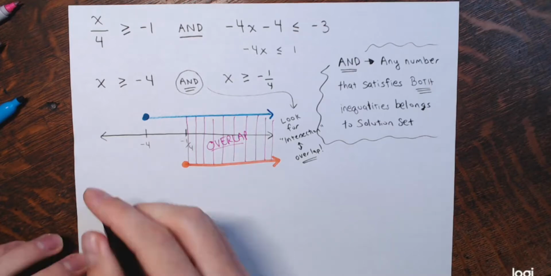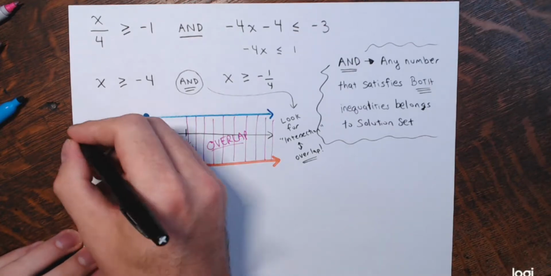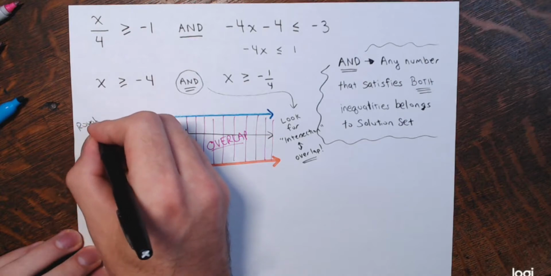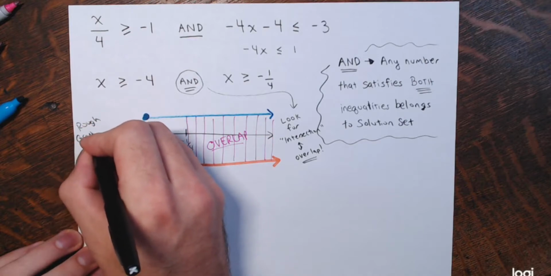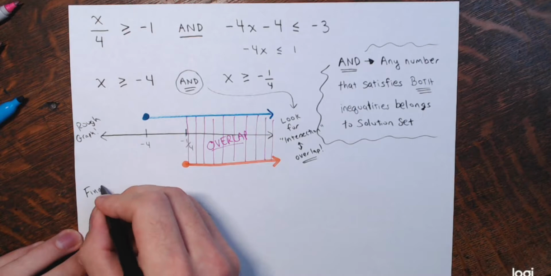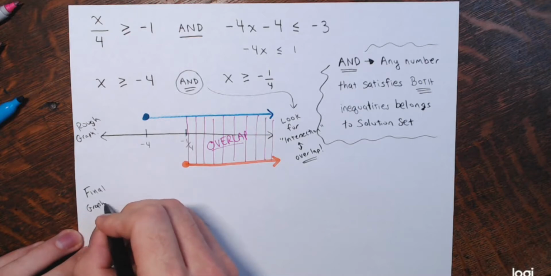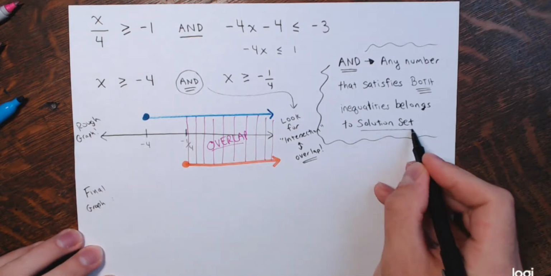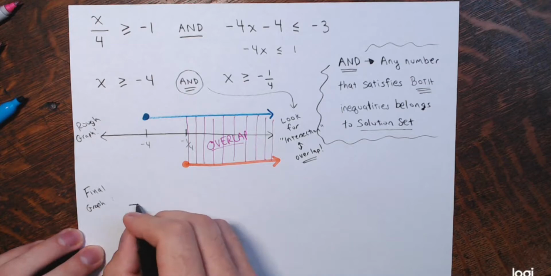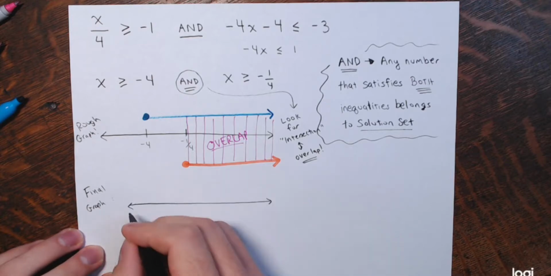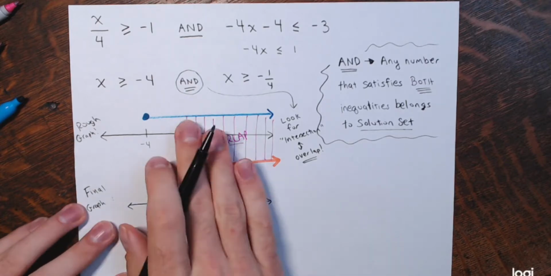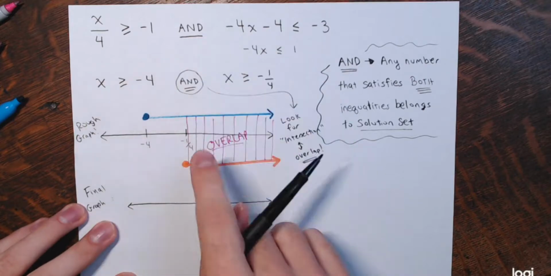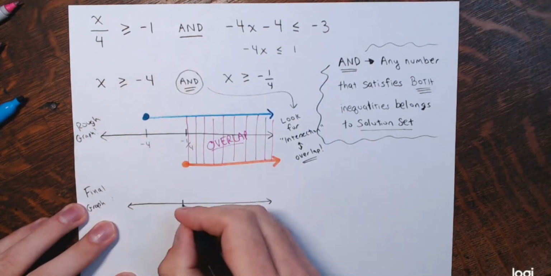All right, so I'll make, I guess I could call this a rough graph where I looked for the overlap, and then I'll make a final graph where I actually write the solution set. So here's the number line, and it looks like the numbers that satisfy both are just these numbers from negative 1/4 and to the right.